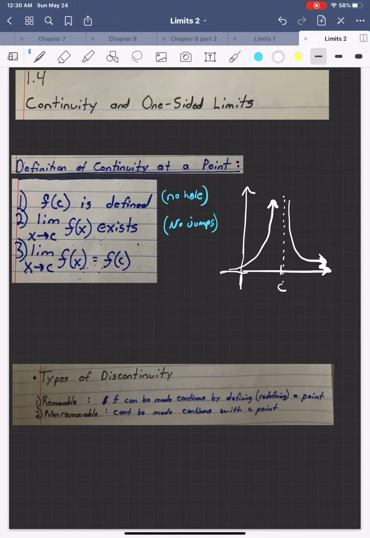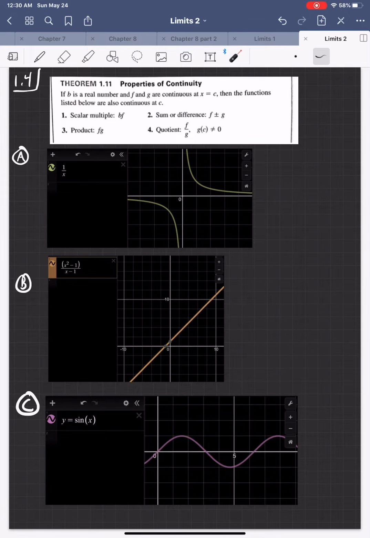So this would be a non-removable type of discontinuity, because don't you agree with me that you can't just plug in a single point here and make your graph continuous, right? So removable, non-removable, two types of discontinuity at a point. That's what we're interested in.